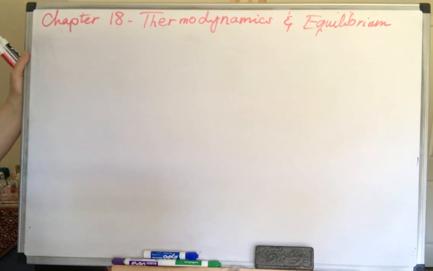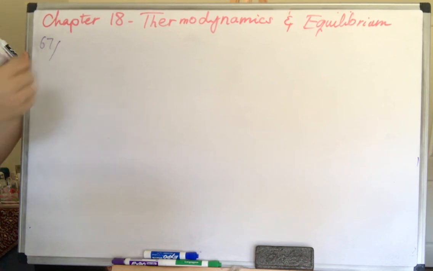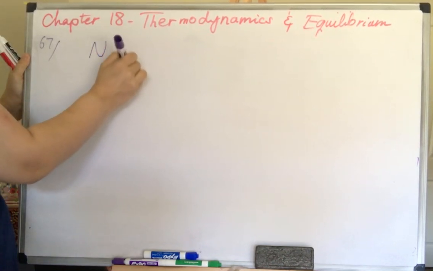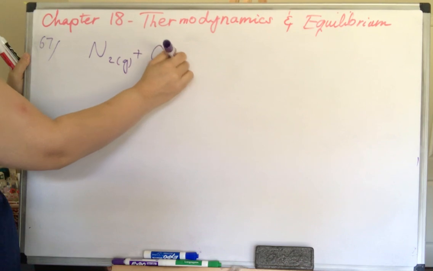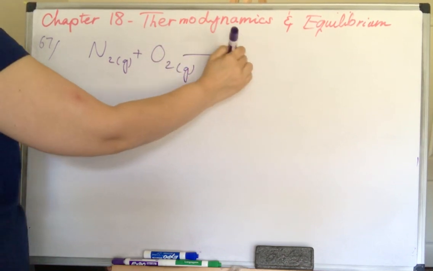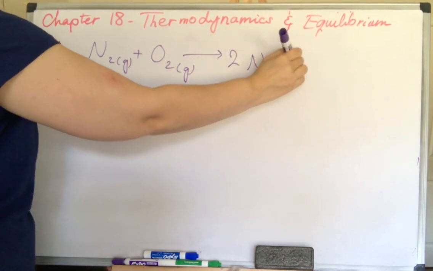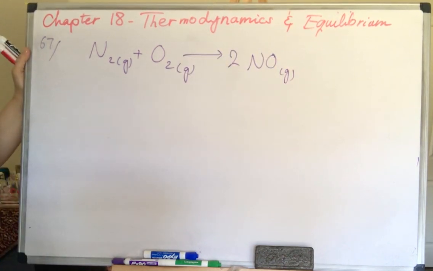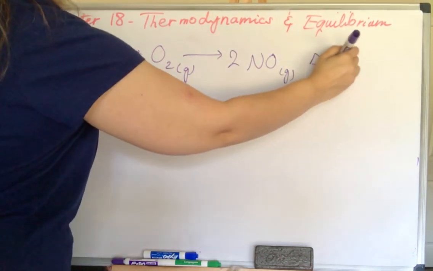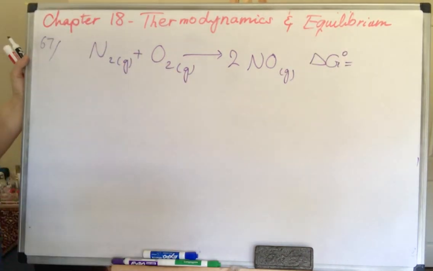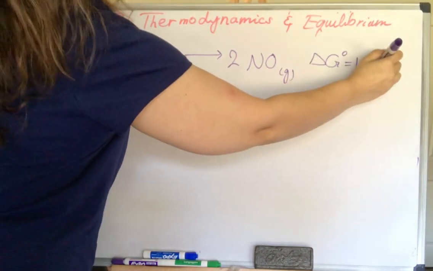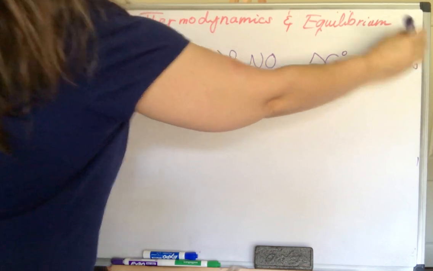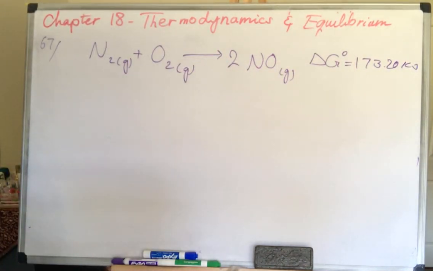Moving towards the concept check on slide number 67, consider this reaction: N2 gas plus O2 gas gives 2NO gas. The standard free energy of formation of NO, which we find from literature, your book or the internet, is 173.20 kilojoules.